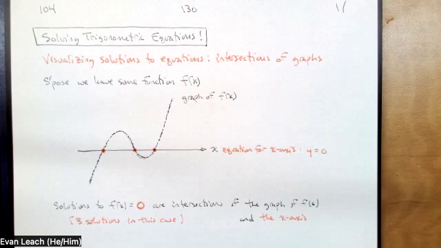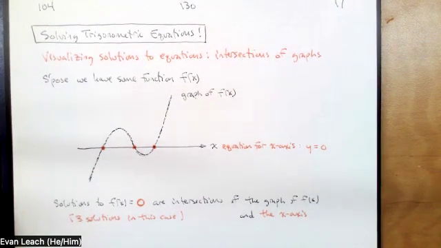Now, this is if we have the equation f of x equals 0. We don't always want to have f of x equals 0. So let's suppose we have some other equation where f of x equals some other constant. I have no constants here, so I just have to draw another line.